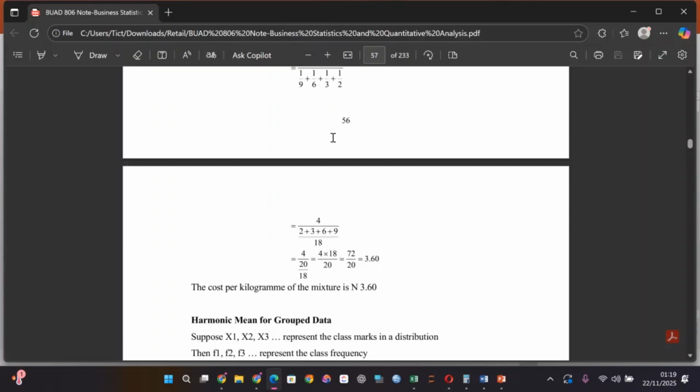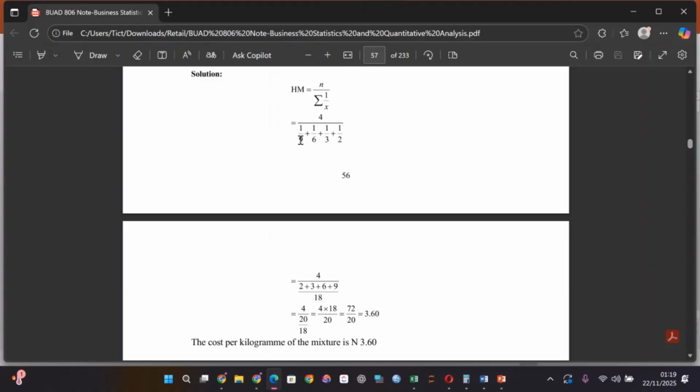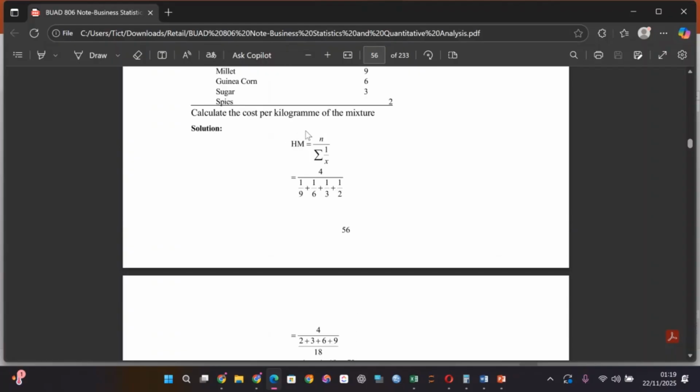Please go back up to the initial formula. It says summation, and this sigma sign means summation. Sigma of 1 over x i means 1 over x.